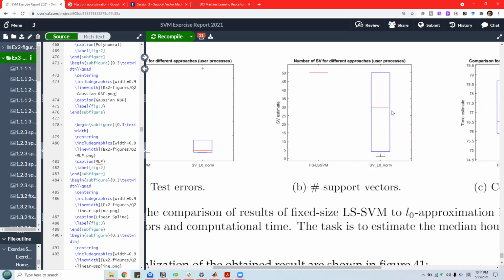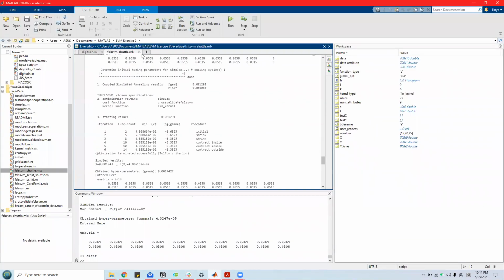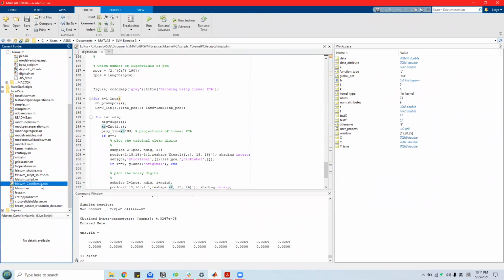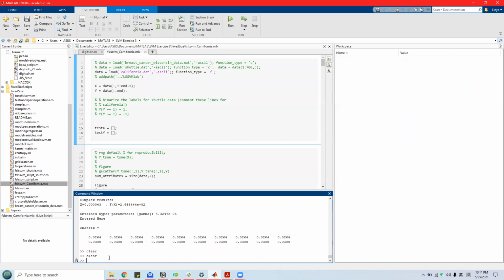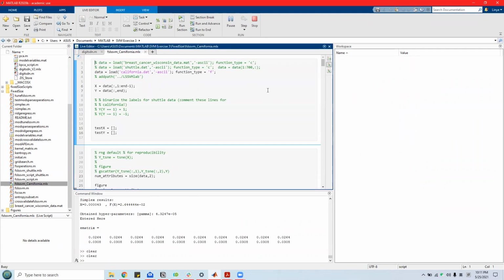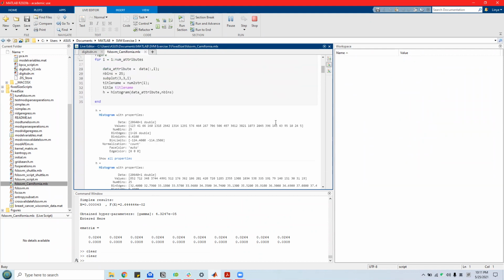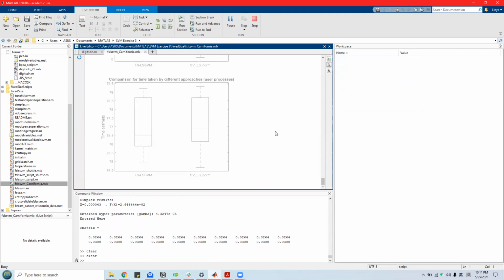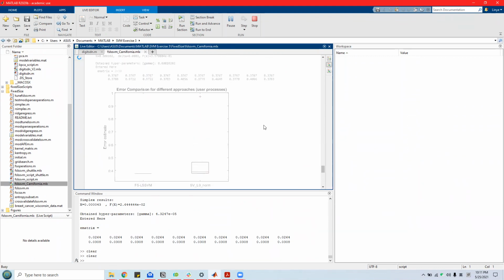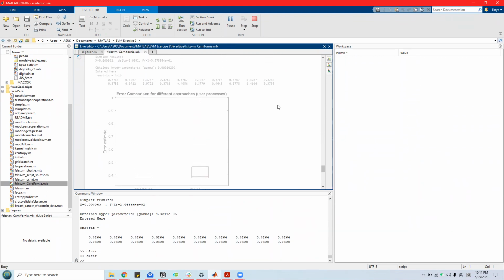I get something from this, but maybe I should quickly run it again just to verify whether it is consistent or not.